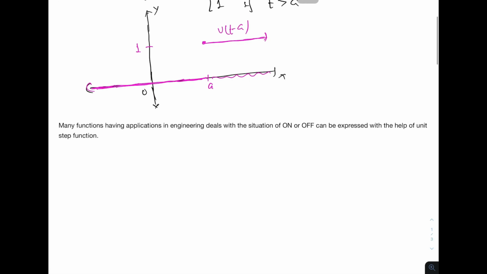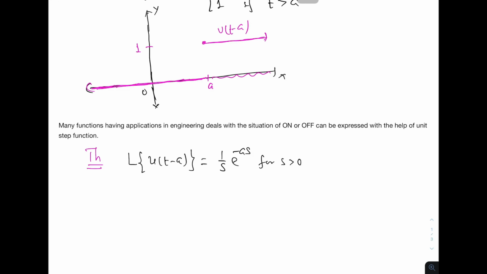Let us first find the Laplace transform of the unit step function. That's easy. We shall prove that it will be 1 over s e to the power minus as.